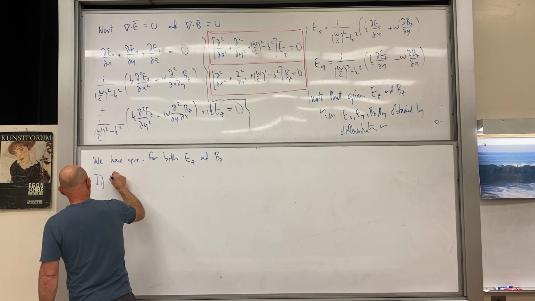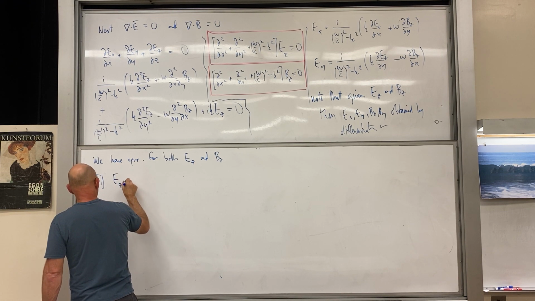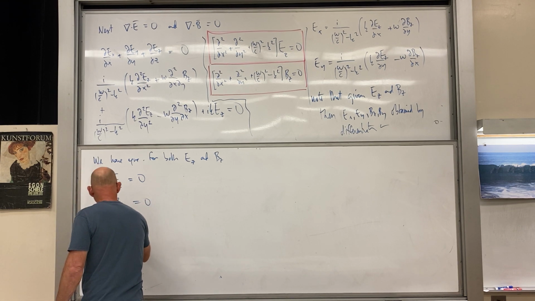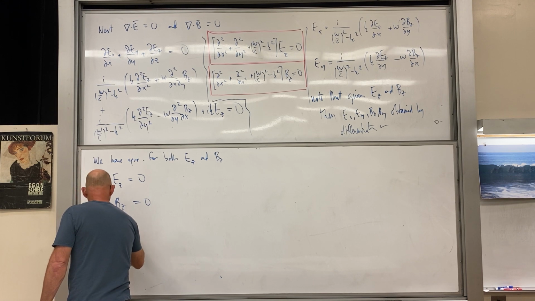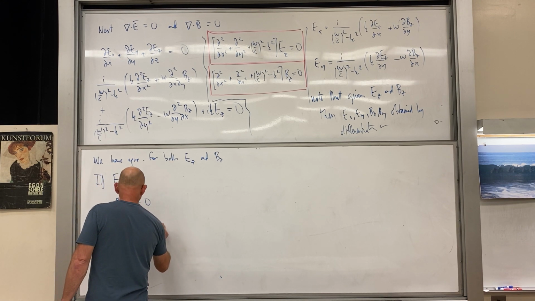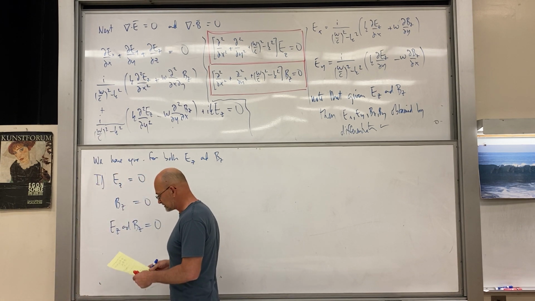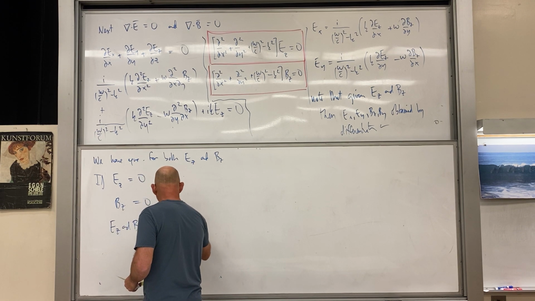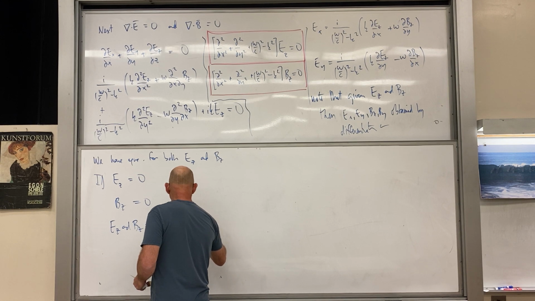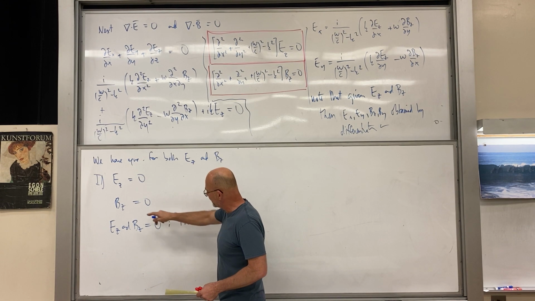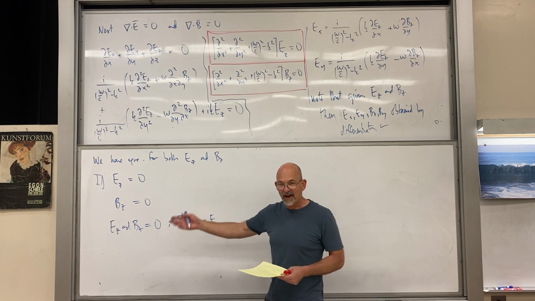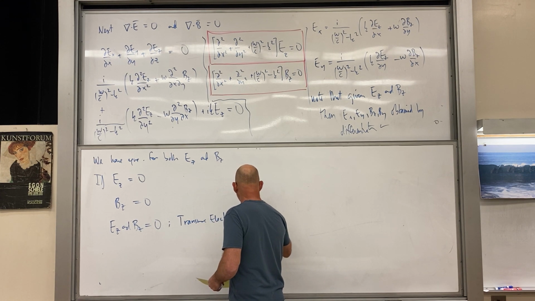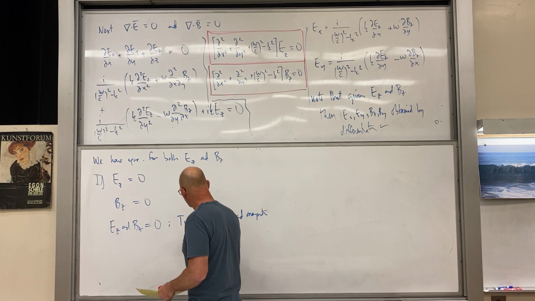If E_z and B_z are equal to 0, these are called transverse electric and magnetic, or TEM, because if both components are 0, then you have the original transverse wave.